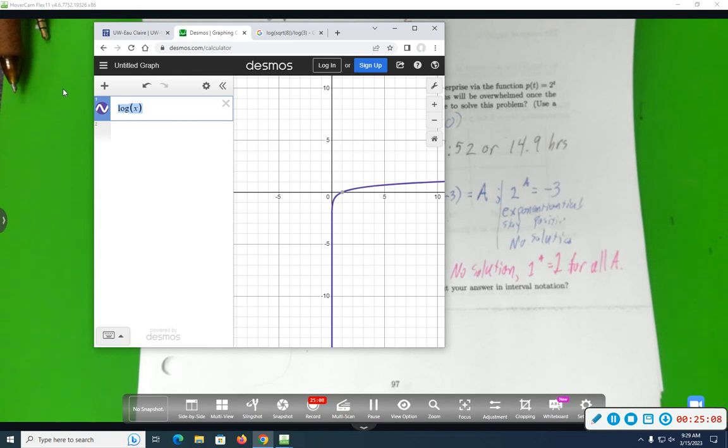So the log base 1 of x should be the inverse to 1 to the x. So let's graph x equals 1 raised to the y. Does that pass the vertical line test? So is that the graph of a function at all? No. Log base 1 isn't a thing.